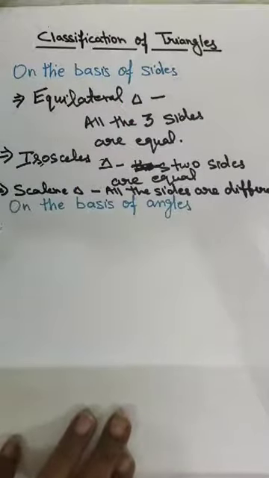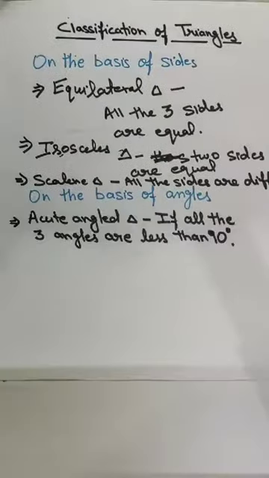Now on the basis of angles. On the basis of angles also, we can classify triangles into three. First is acute angled triangle. Acute angle triangle is a triangle if all the three angles are less than 90 degrees. You all know that a triangle has three sides and three angles.